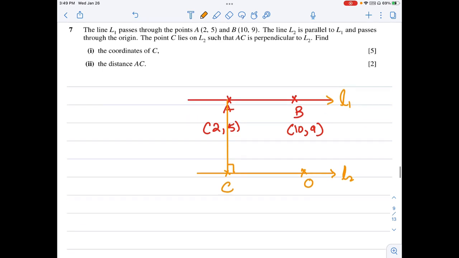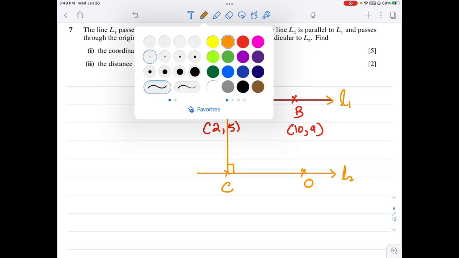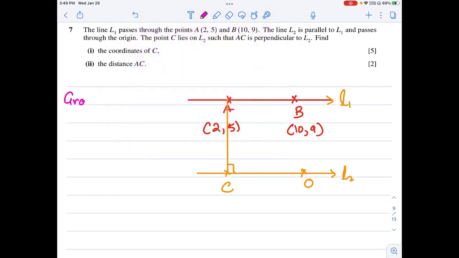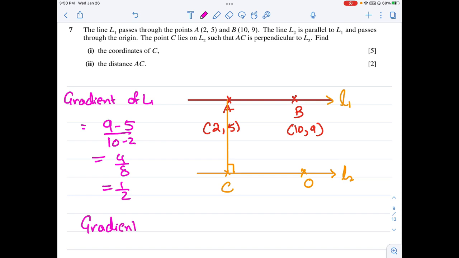Find the coordinates of C. So first of all, I find the gradient of L1, which is y2 minus y1 by x2 minus x1, which is 4 upon 8, which is 1 upon 2. So the gradient of L2 also will be 1 upon 2, because they are parallel lines.